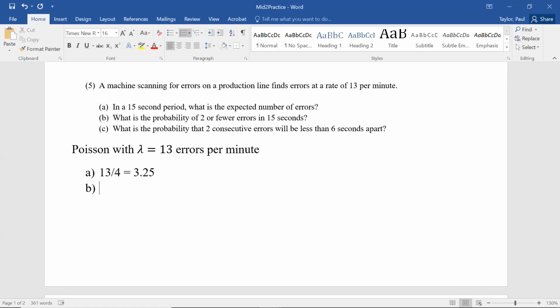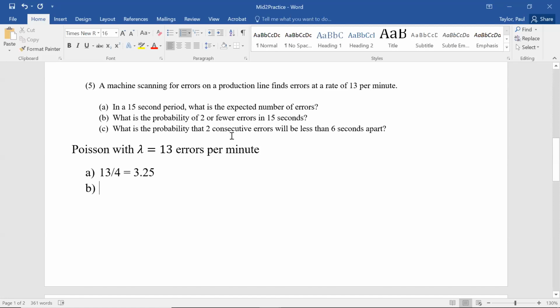Next part. What is the probability of 2 or fewer errors in 15 seconds? In a 15-second period, we don't know how many we're going to get. 3.25 is the expected number, but it's random how many are going to come in 15 seconds.